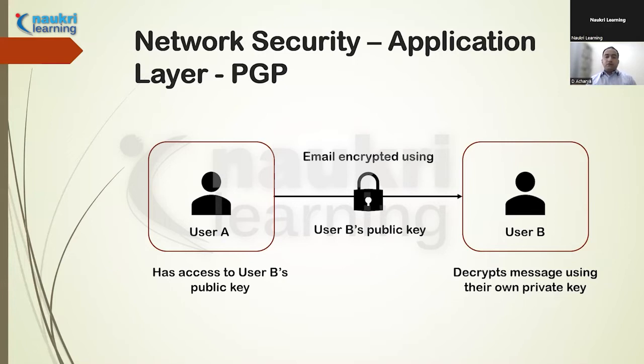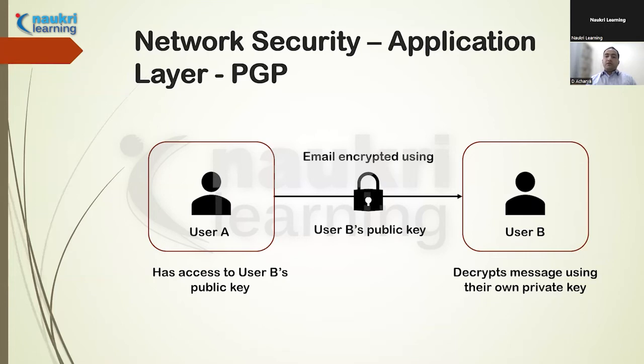A is the sender and B is the recipient, and A has access to user B's public key. This is called asymmetric cryptography, wherein user B's public key is used to encrypt the email sent by user A, and then it is transmitted over to user B.